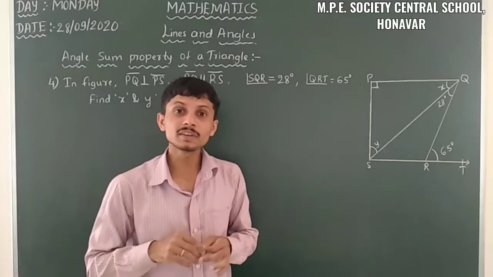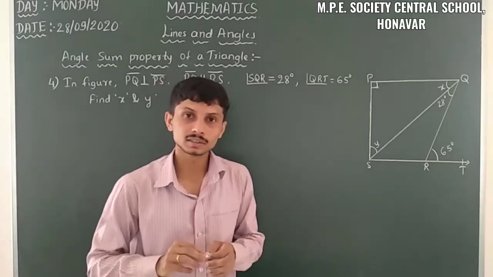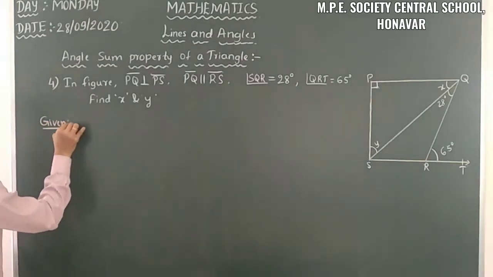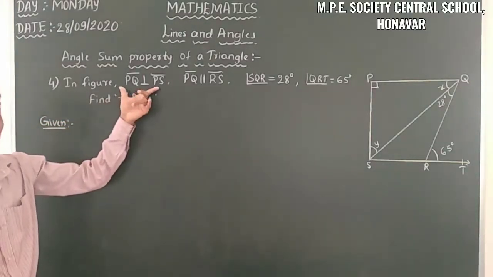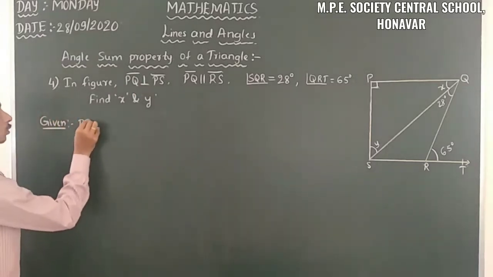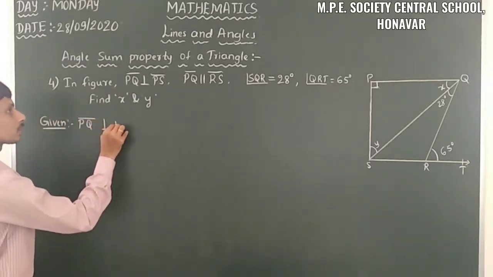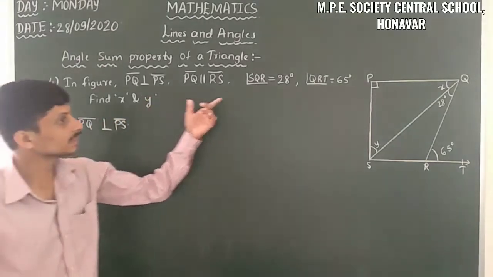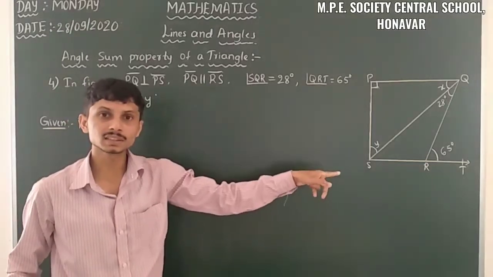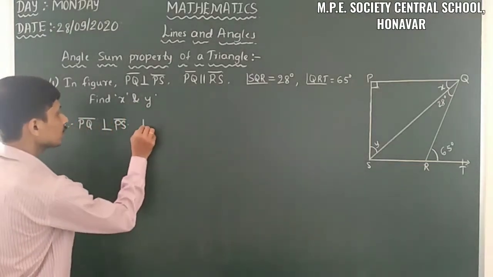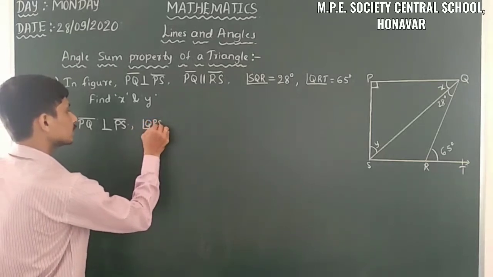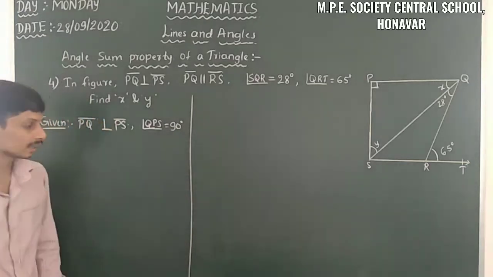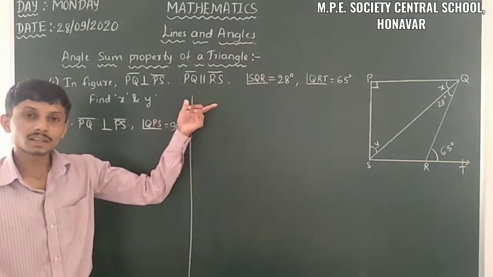Firstly, we have to write what the given things are. PQ is perpendicular to PS, so angle QPS is equal to 90 degrees.